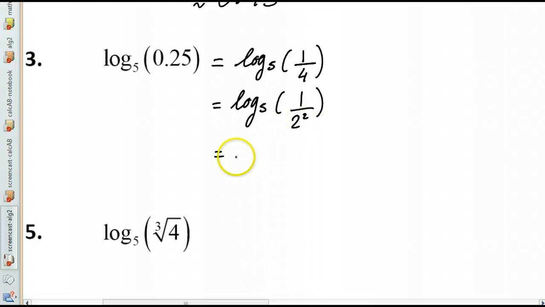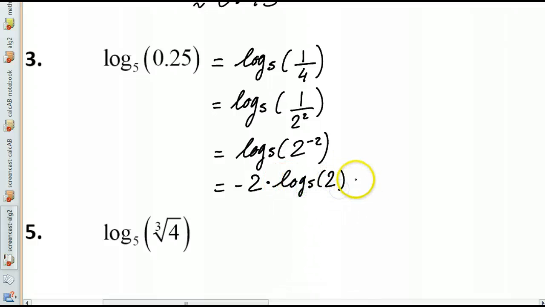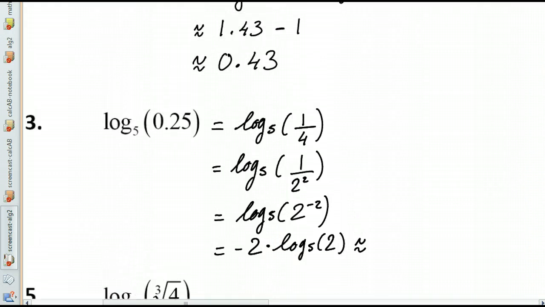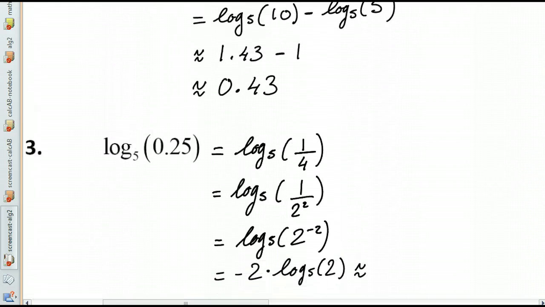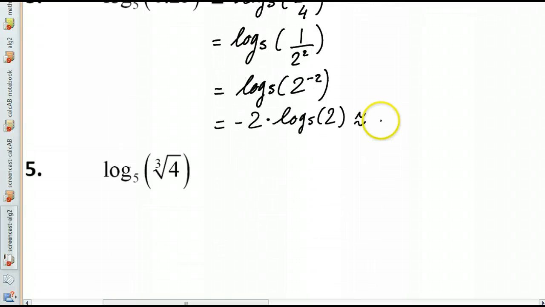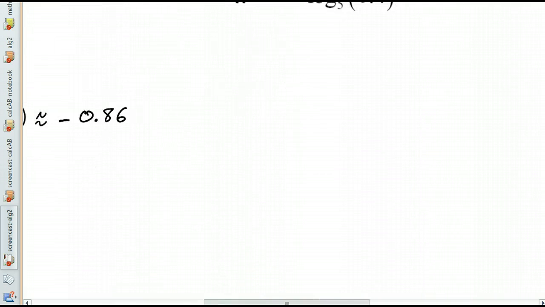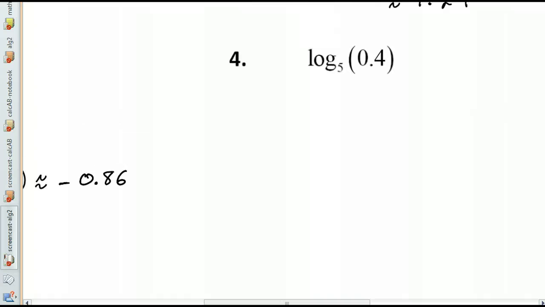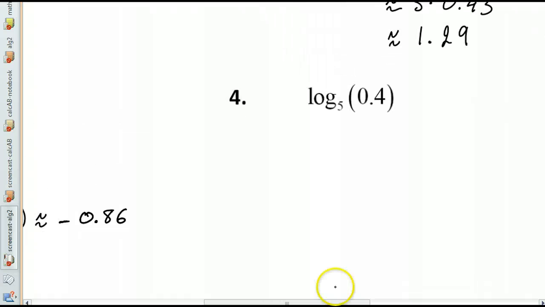This is not an exponential, right, but it can be written as an exponential, 2 to the -2, which then I'll take the -2 out, -2 times log base 5 of 2. Okay, and again, because we know log base 5 of 2 is 0.43, this is just -0.86.